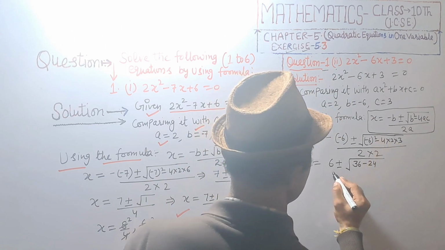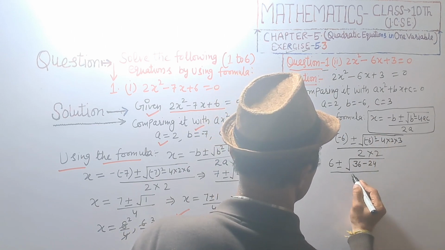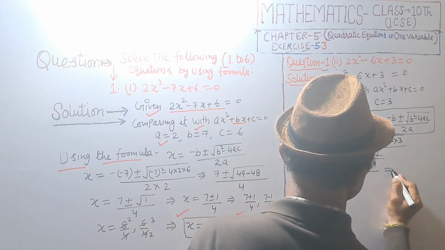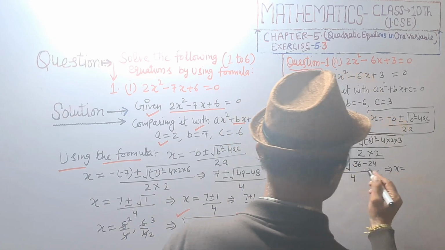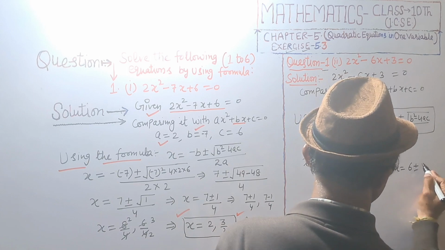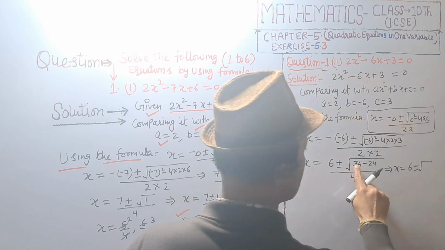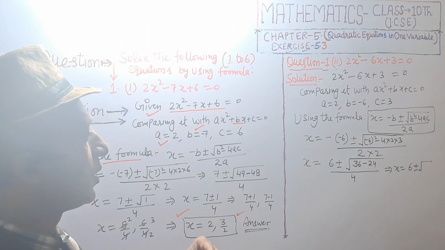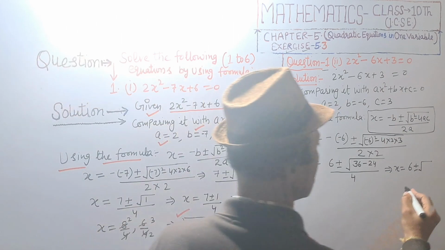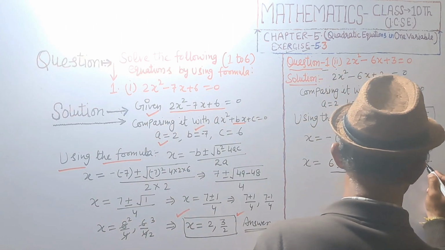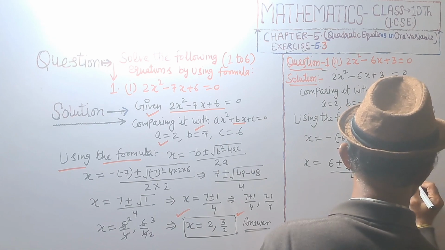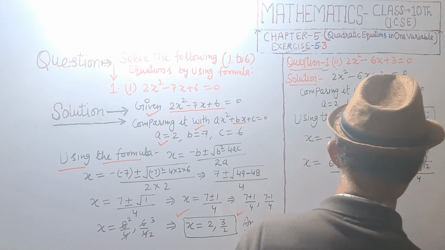that is negative, divided by 4, which implies x is equal to 6 plus minus root of 36 minus 24, that is equal to 12. 36 minus 24 is equal to 12, divided by 4.